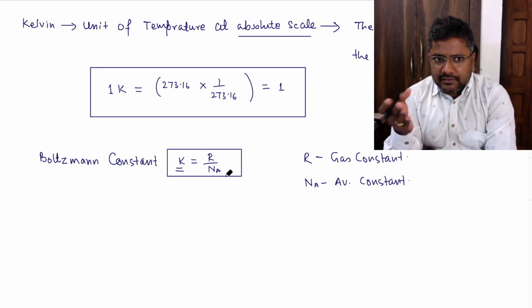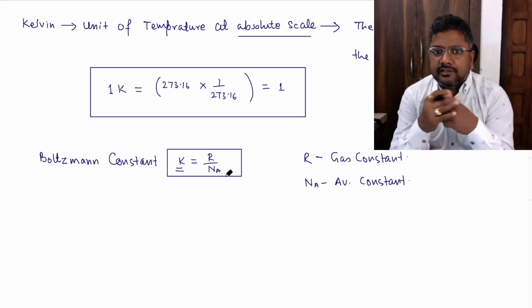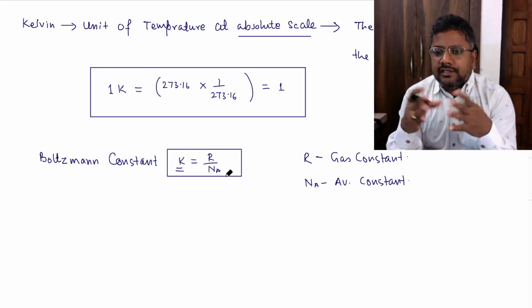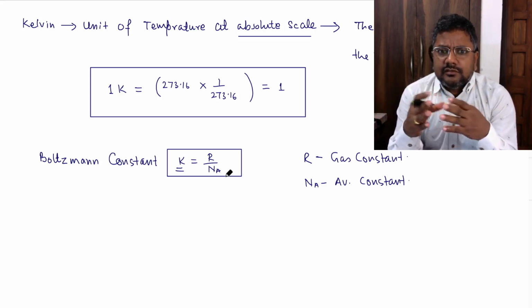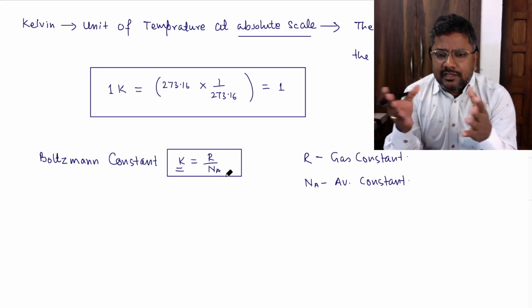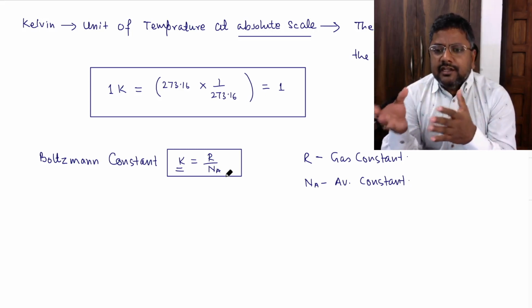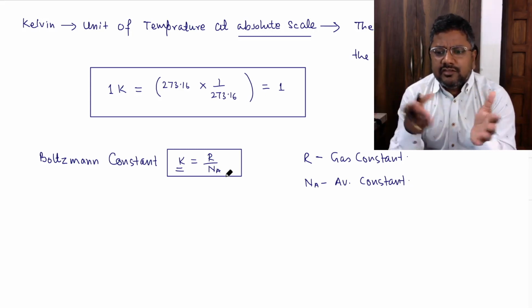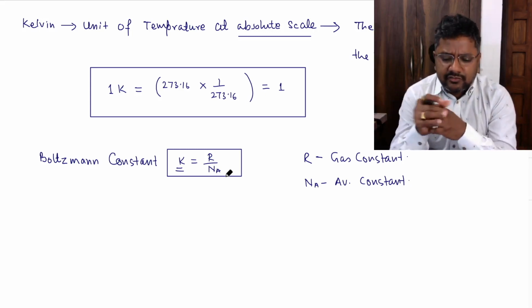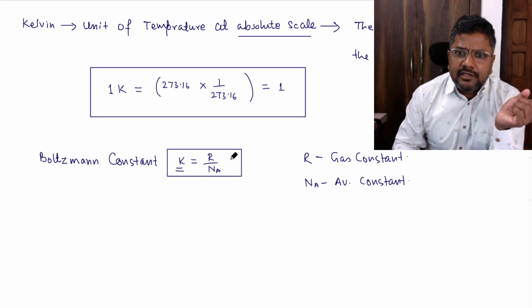Here the unit of R is liter atm per mole per degree Kelvin, or you can convert this into Newton meter. So joules per Kelvin, you will get the unit here, joules per Kelvin, right?